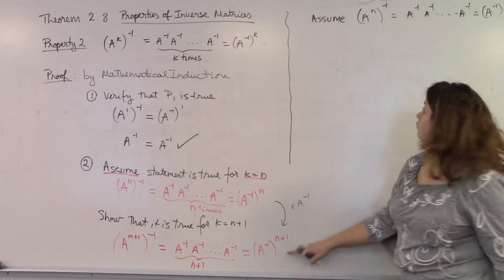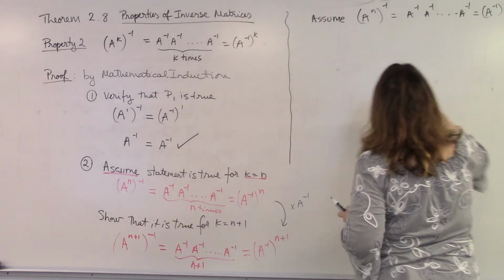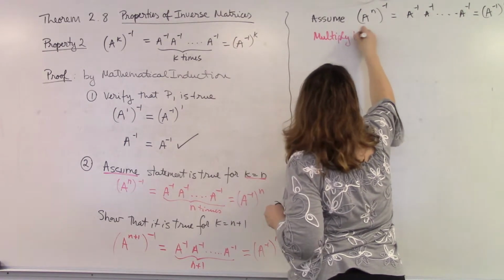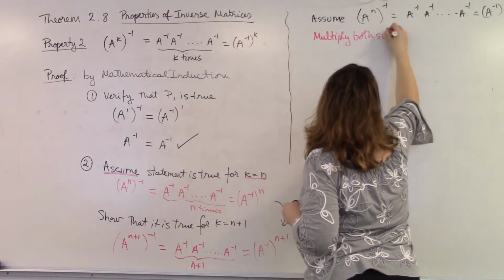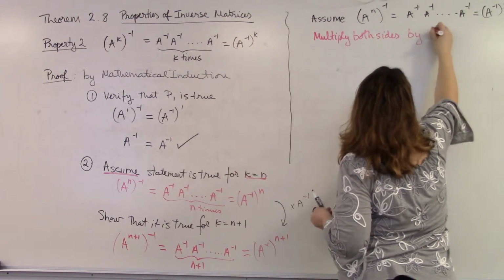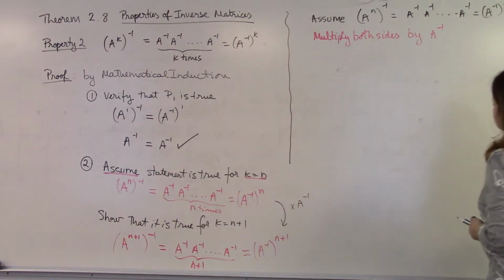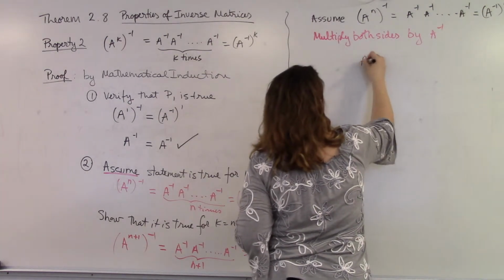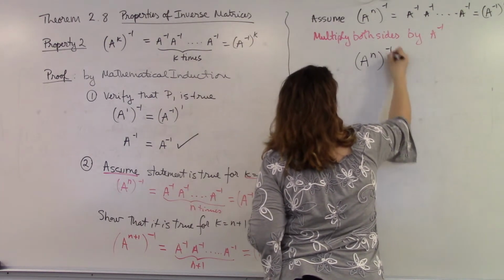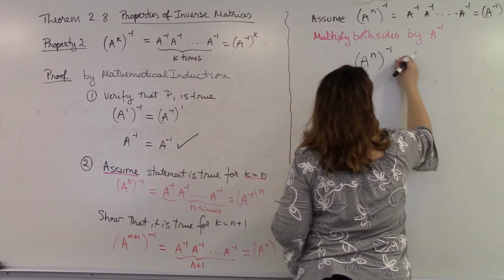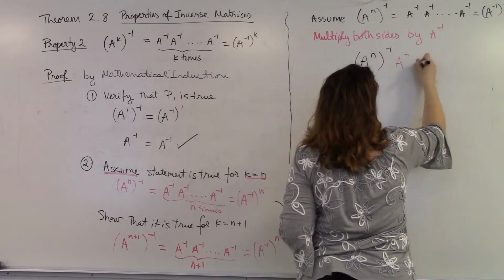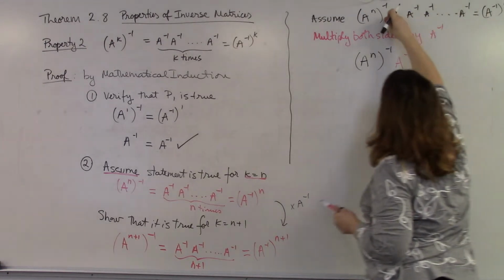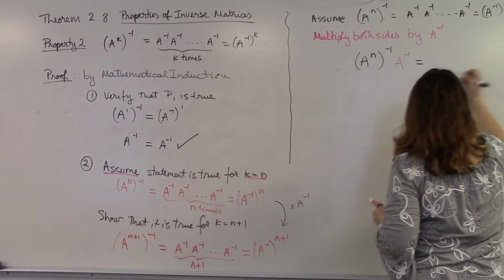So that's what I'm going to do: I'm going to multiply both sides by the inverse of A. That gives me A to the n inverse times the inverse of A. Remember, if we multiply on the right-hand side here, I have to multiply on the right-hand side there; I can't do it on the left.